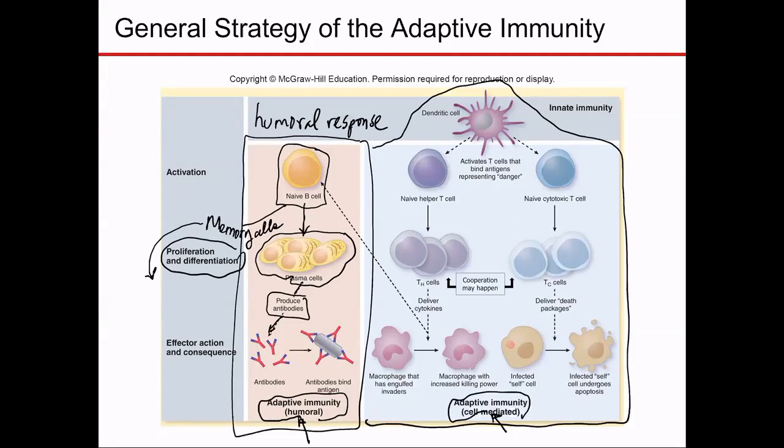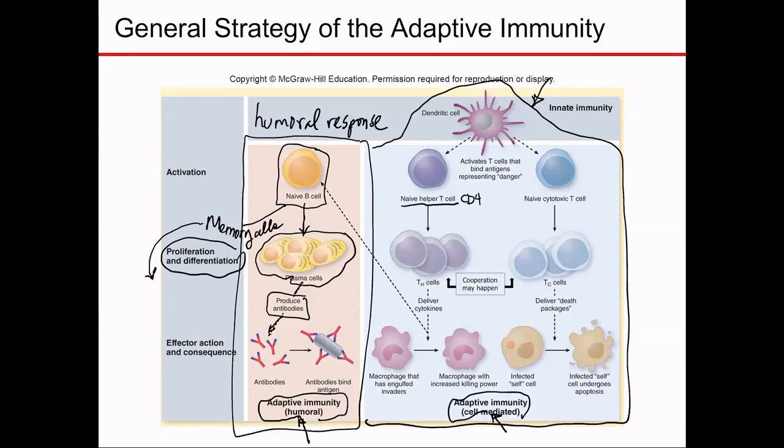Now, in the case of cellular immunity, that you see here to the right, basically, we have two main components. We have T helper cells, and these are cells that express on the surface the CD4 molecule.